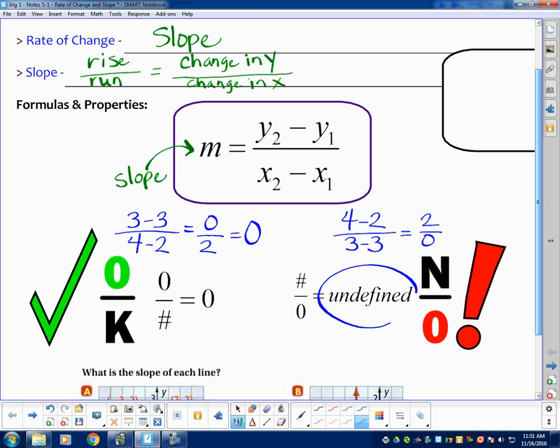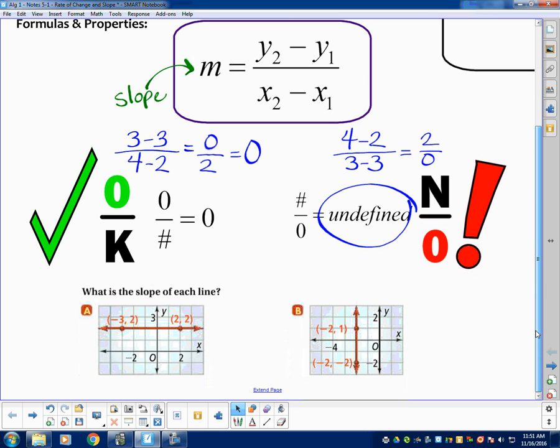This one is undefined because you cannot divide by 0.